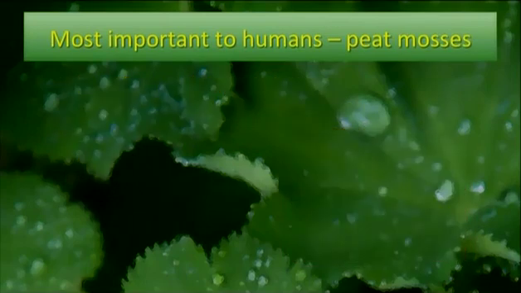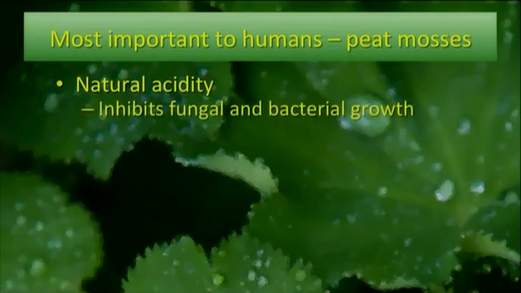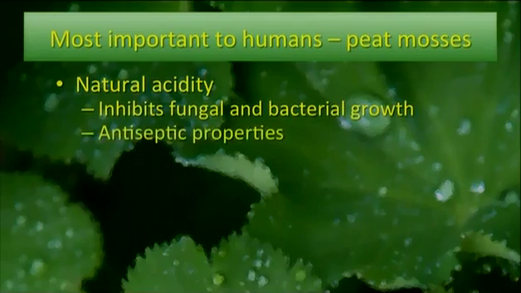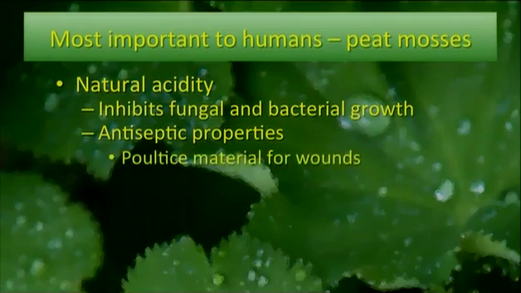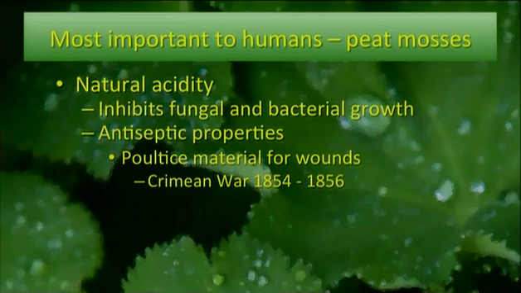It has natural acidity, and in acid conditions it inhibits fungal and bacterial growth. It also has antiseptic properties, and during the Crimean War and World War I it was used as a poultice material for wounds. The Crimean War was 1854 to 1856.